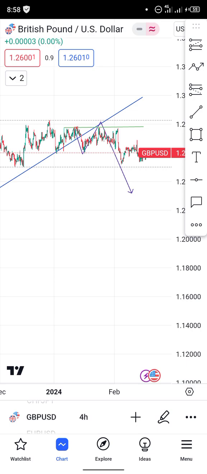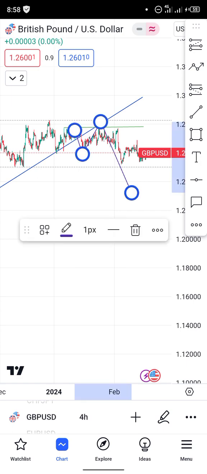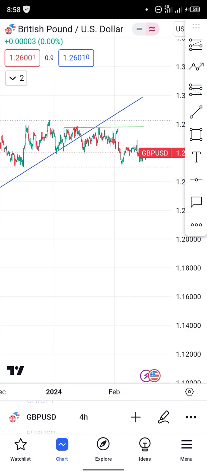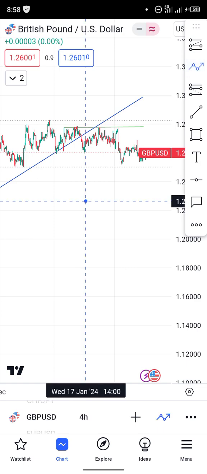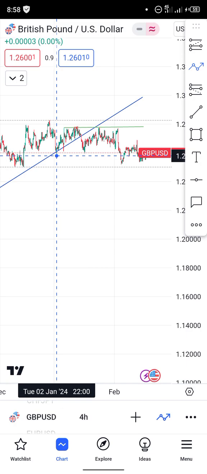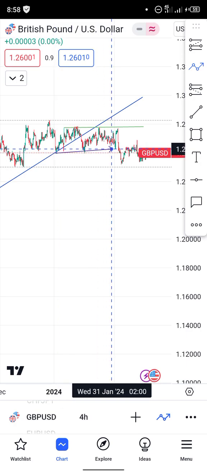Now, when you see a breakout, the market will definitely retest that broken structure. That resistance level that wasn't taken out, it will retest it before it now breaks this last support level on the trend line.